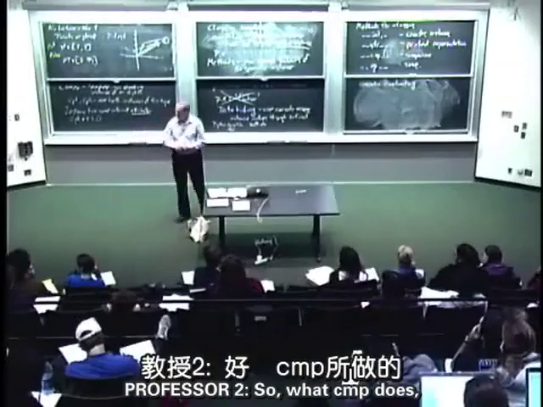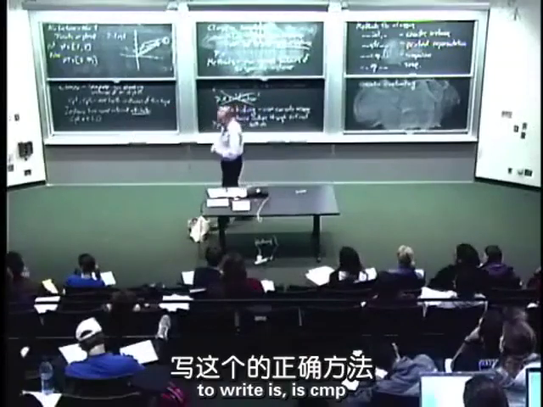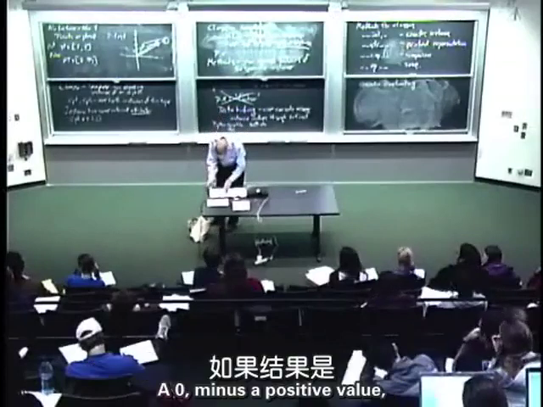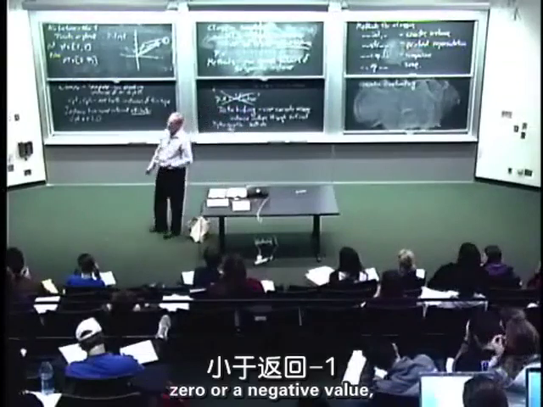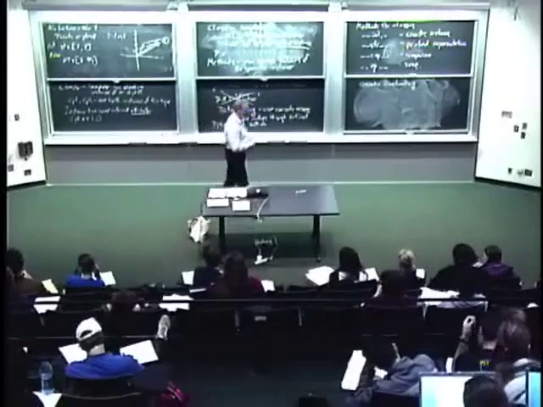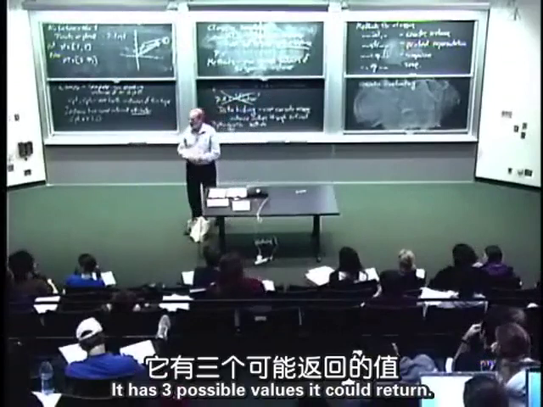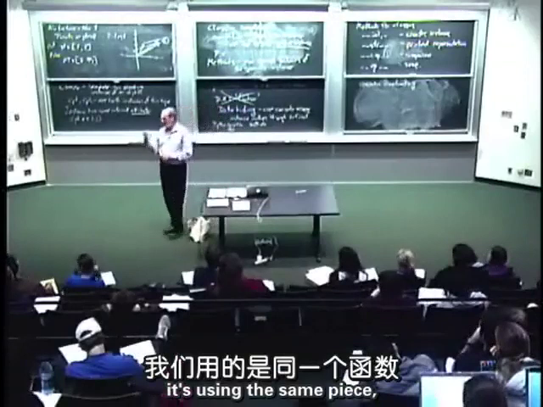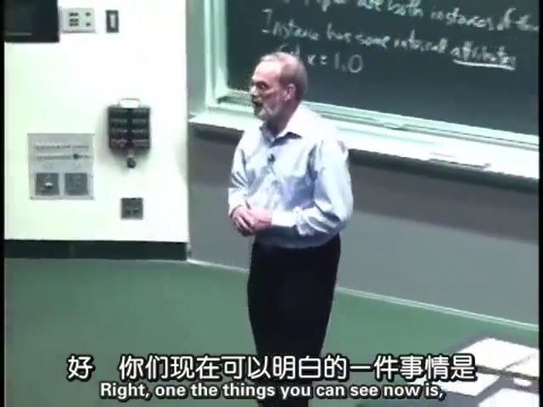So what comp does, and maybe this isn't exactly the right way to write it, is comp actually returns one of three values: a negative value, 0, or a positive value, depending upon whether it's less than, equal, or greater than. So it's not really a Boolean valued function. It has three possible values it could return. And in this case, it's using the same piece, but it's returning that middle value that says they're actually the same.